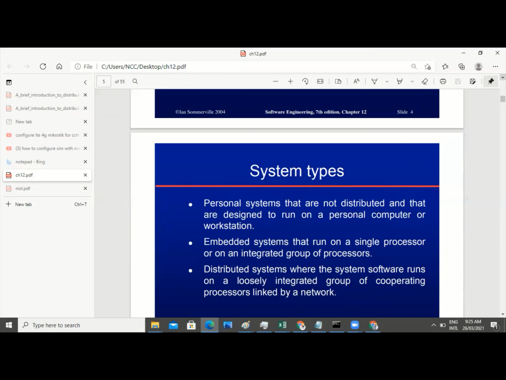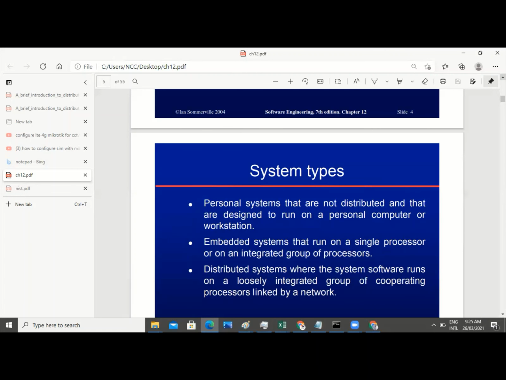We also have embedded systems that run on a single processor or on an integrated group of processors, like intelligent bombs and some smart devices that run on a single processor.